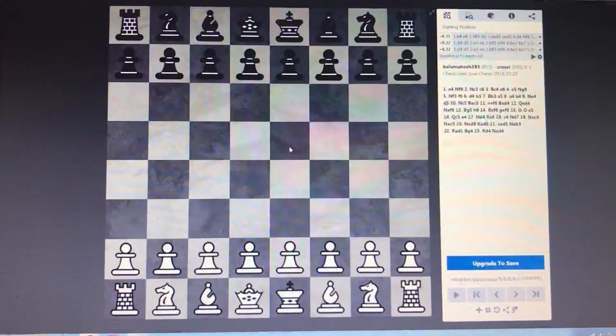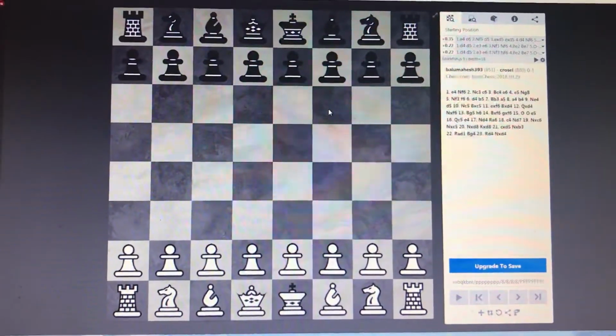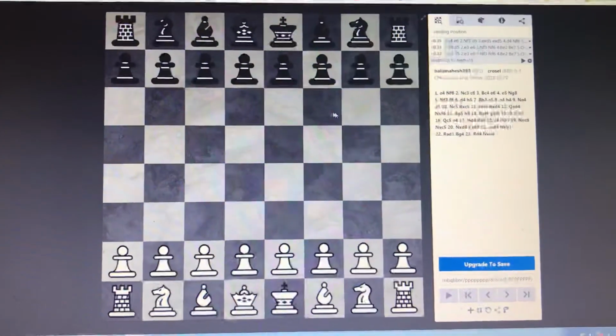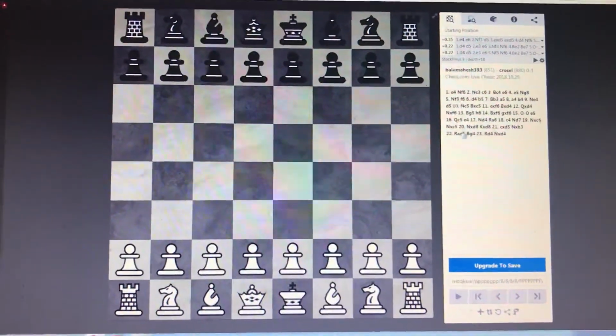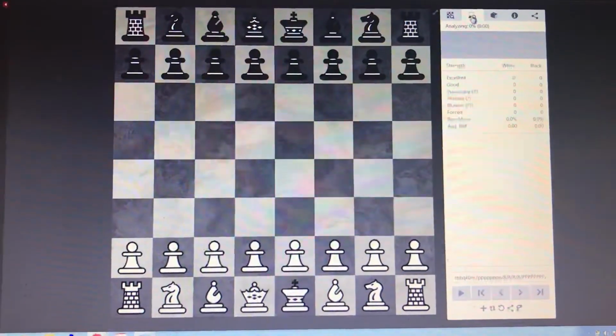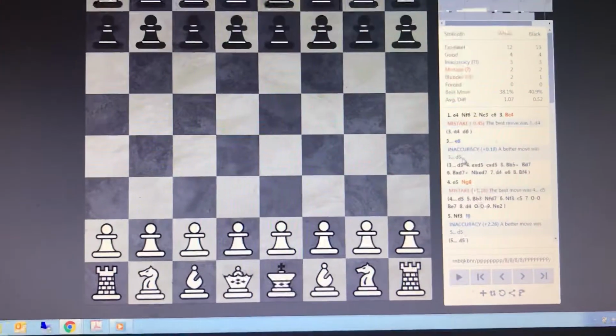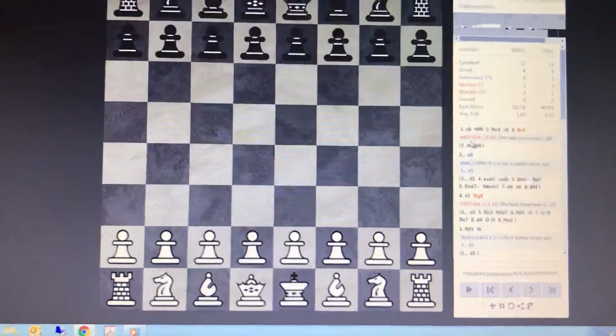So this would be E5. This would be F6, okay? So I'm new to this, so anyways, when you click on the analysis tool, it calculates analysis, and then it gives you a bunch of numbers and letters and whatnot.